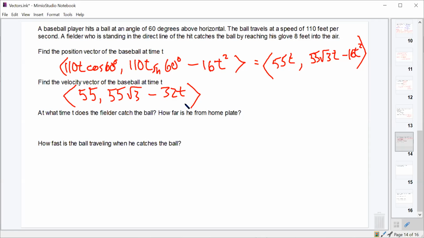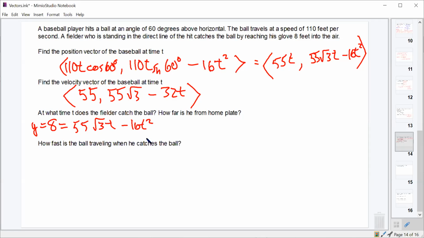So all we need to do then is take our y component of our position vector and set it equal to 8. So y equals 8, which is equal to 55 root 3 times t minus 16 t squared.